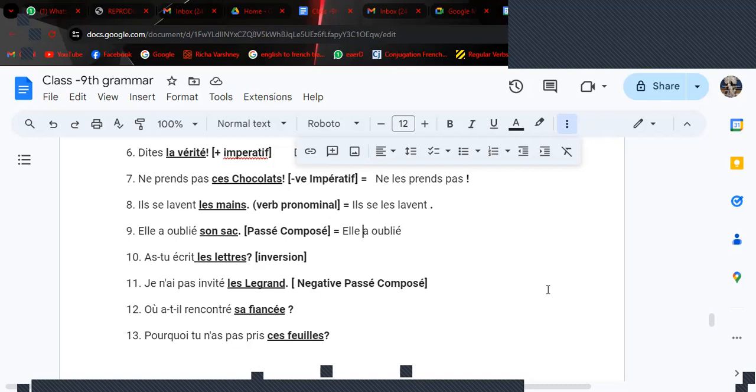It will be le. Le is vowel. It will be like this. And no accord is used because son sac is masculine. Yes. Singular. So no accord after the verb.